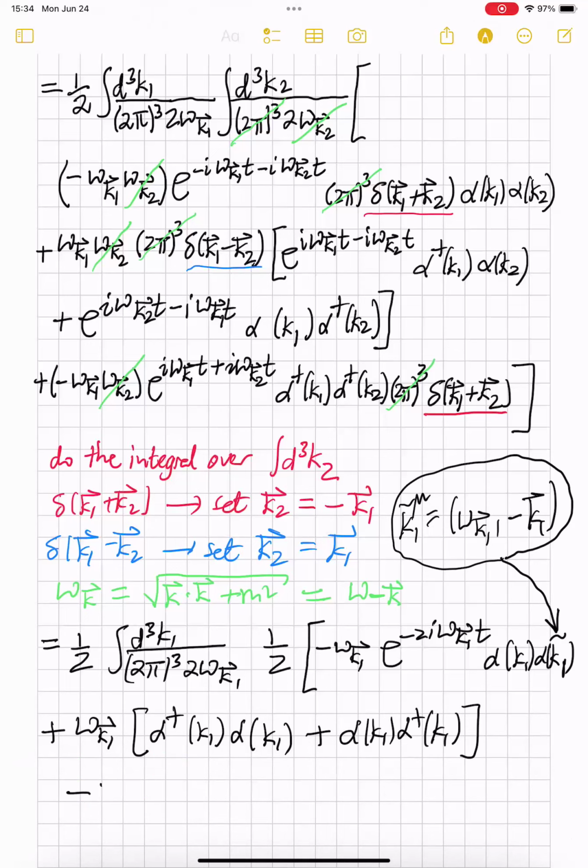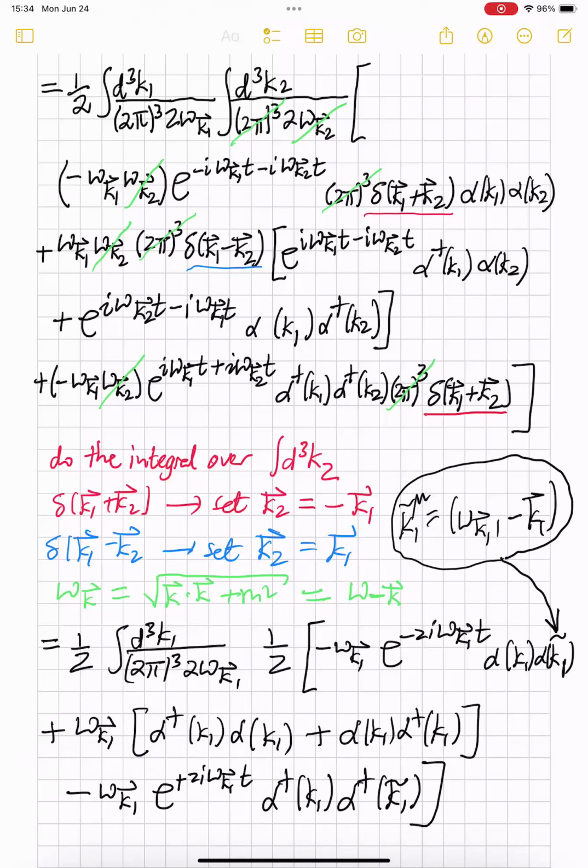We've got omega of K1. In the exponential, we set K2 equal to minus K1. So we'll get e to the minus 2i omega K1 t, sorry, plus 2i omega K1 t. And then we'll get alpha dagger of K1, alpha dagger of K1 tilde. Okay, so those are the four terms that appear.